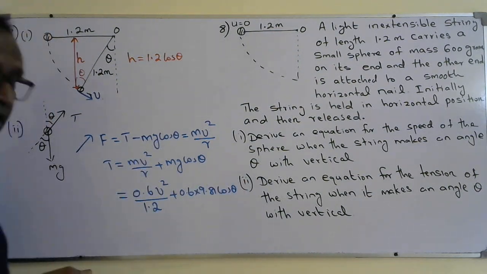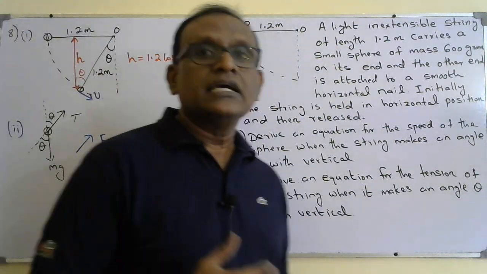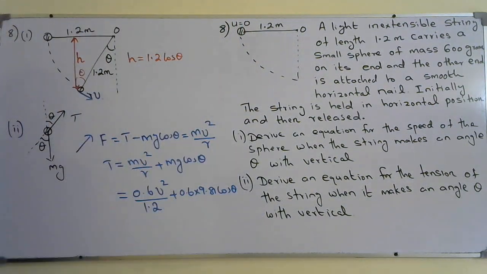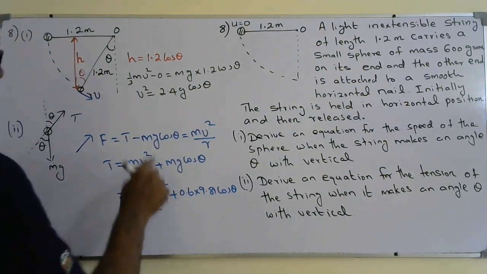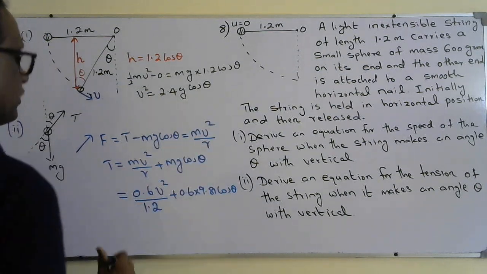But v squared we can replace by the expression we got in the first part: v squared equals 2.4 g cos theta.